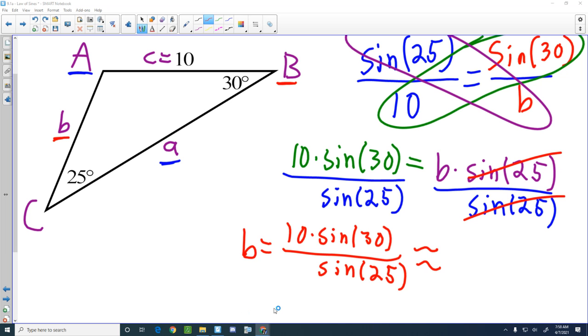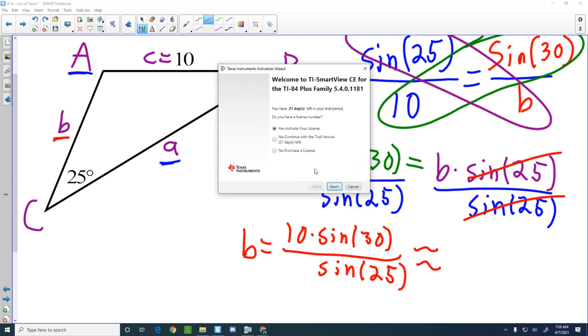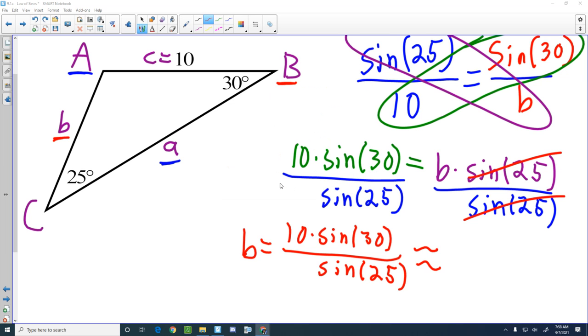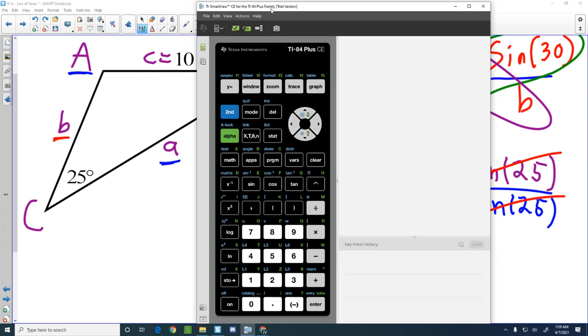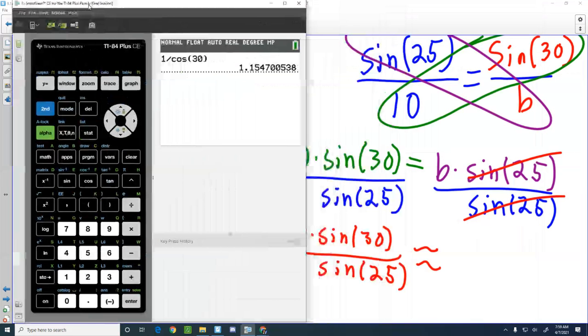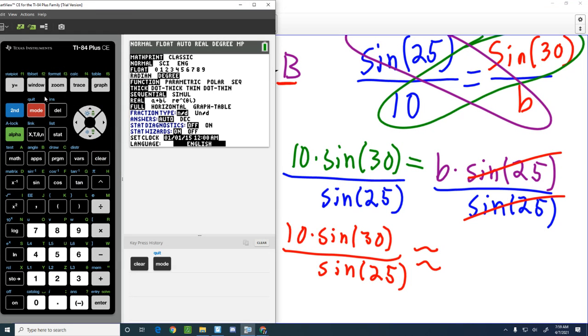I'll pull up my fancy calculator too. All right, so I'm going to mode, make sure I'm in degree mode, which I am.